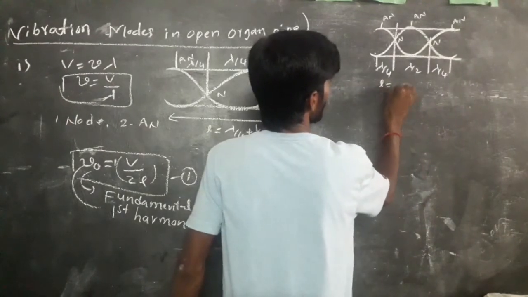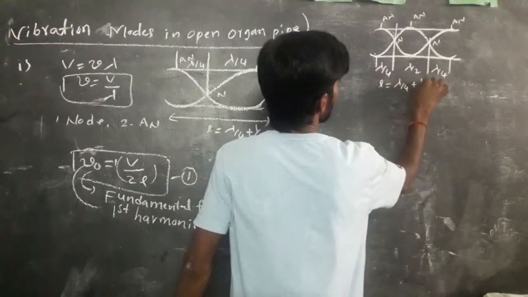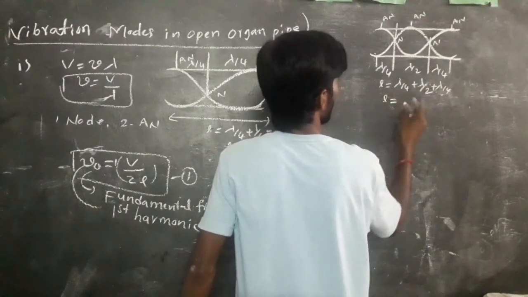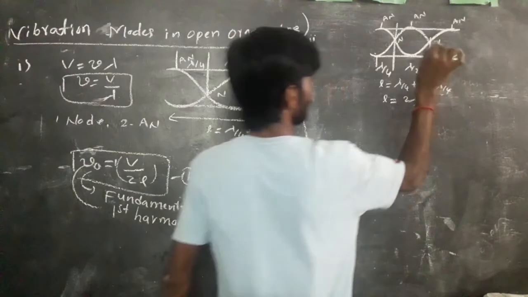So total length L is equal to lambda by 4 plus lambda by 2 plus lambda by 4. Then total length L is equal to 2 lambda by 2.